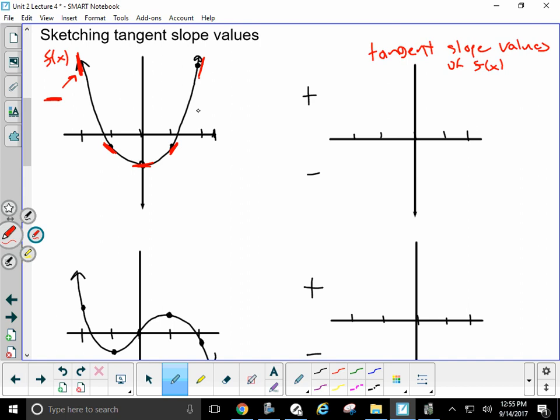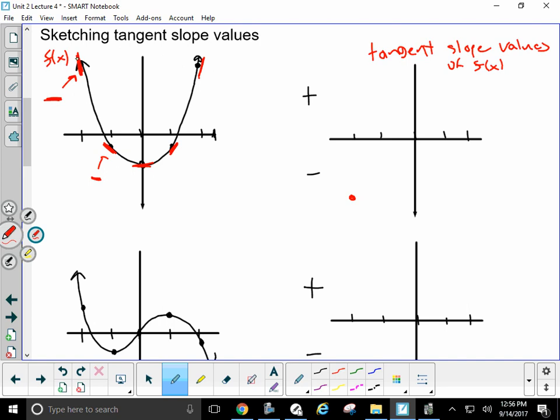What I'm going to do is sketch that approximation of my tangent slope value over here. And I'm going to say at -2, I have this larger negative value below my x-axis, right? Negative values for y. All right, well, this value here is going to be a negative slope value, but it's a little bit less negative than this. It's not as steep.